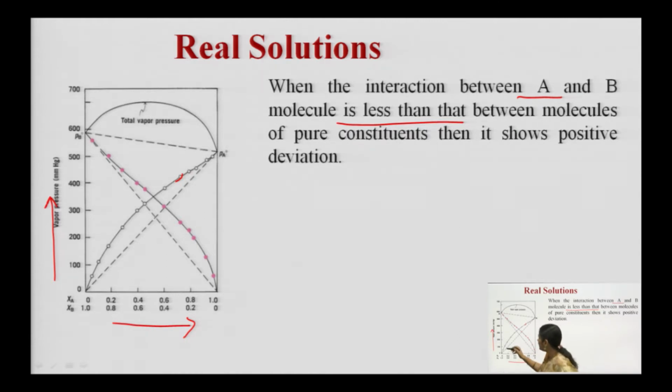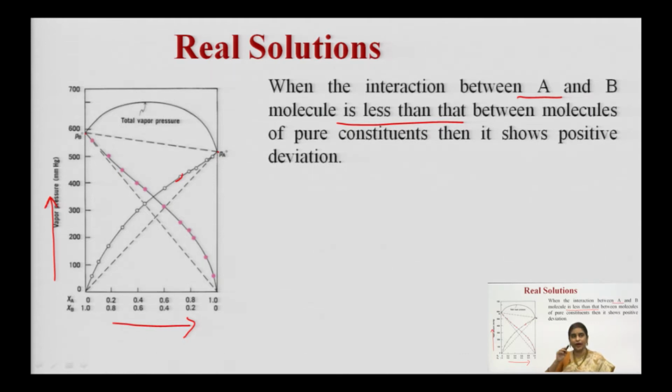Here is the vapor pressure of B and here it represents the vapor pressure of A. As the amount of A increases and it is added to B, we can see that the vapor pressure of B is increasing. Vapor pressure increasing means its escaping tendency increases.